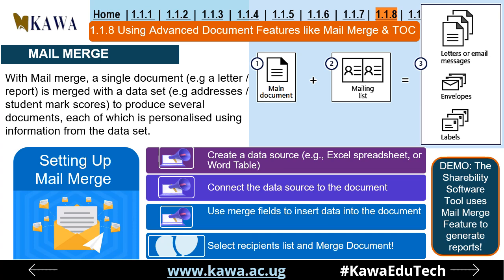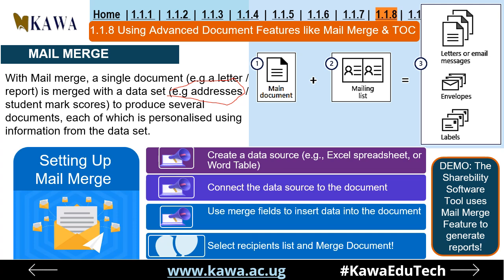Take the example that you want to print envelopes with the names of the parents. So instead of typing on each envelope, you have your addresses and the names of the parents or students typed maybe in Word or Excel.